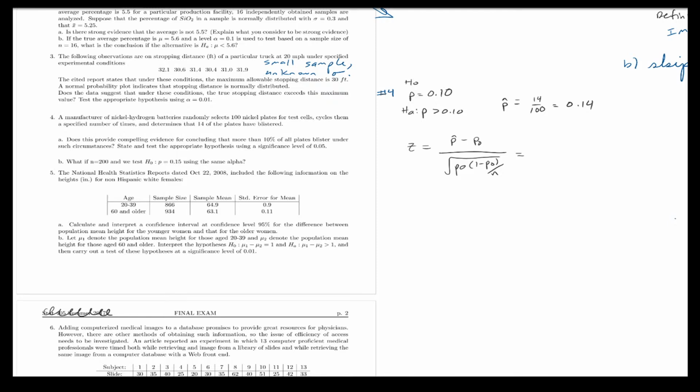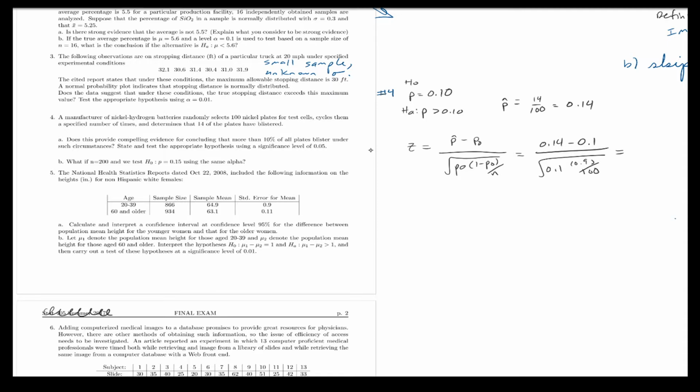Yeah, that makes sense. You always want to use the proposed stuff. So that's going to be 0.14 minus 0.1 over the square root of 0.1 times 0.9 over 100.